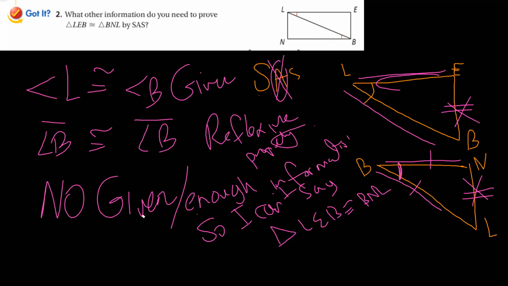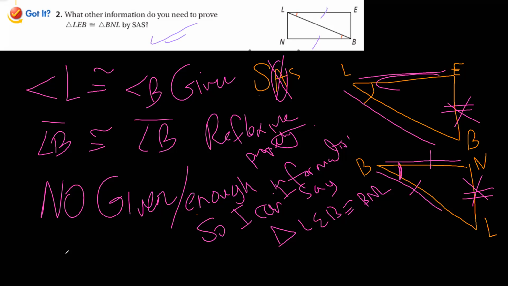Did he tell you that EL is congruent to NB? Did you have any information in the question that tells you that EL is congruent to NB? No, so I will not say that they are congruent.